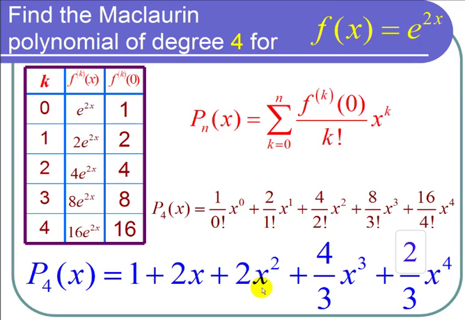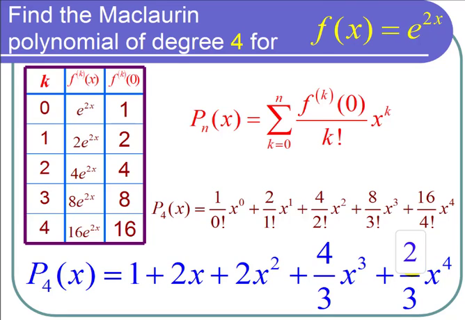For the fourth term, I get 8 over 3 factorial. 3 factorial is 6. 8 over 6 is 4/3 times x cubed. And then for the fifth term, the last term, I get 16 over 4 factorial. 4 factorial is 24.